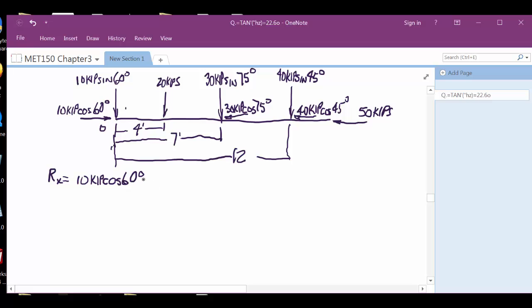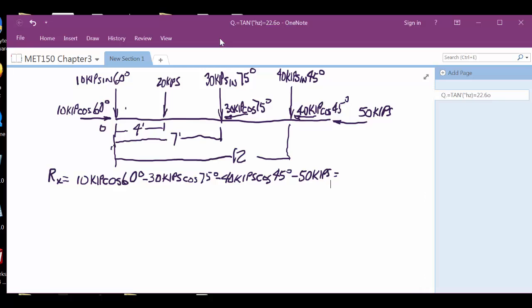Then we've got minus 30 kips cosine of 75 degrees, minus 40 kips cosine of 45, minus 50 kips. Punch all of that in. I'm going to cheat. Punch all of that in, and you should get 81 kips to the left.